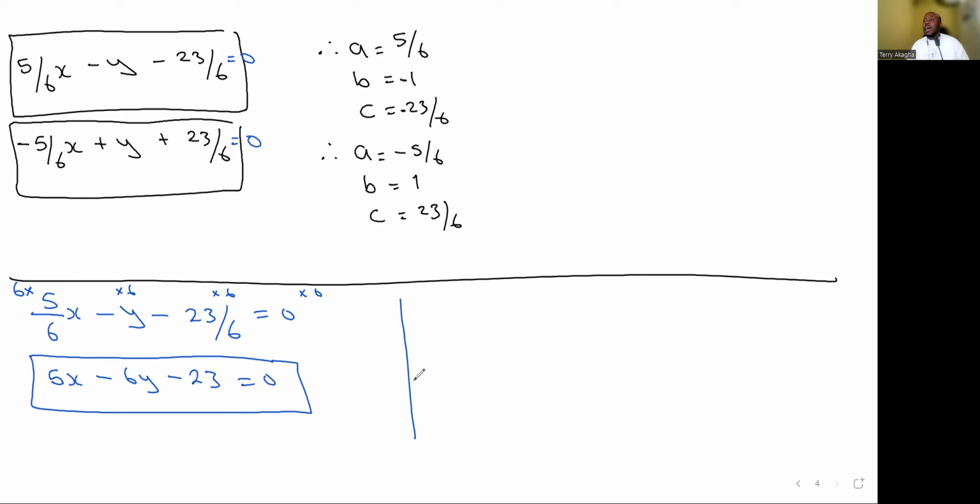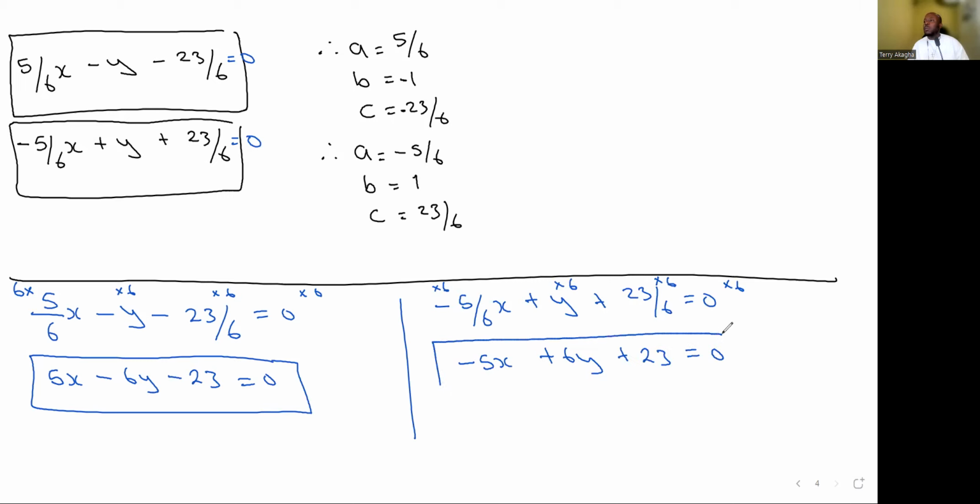Likewise, if you had it as minus 5 over 6x plus y plus 23 over 6 is equal to 0, you multiply this by 6, multiply this by 6, multiply by 6, multiply by 6, and this will give you minus 5x plus 6y plus 23 is equal to what? 0.